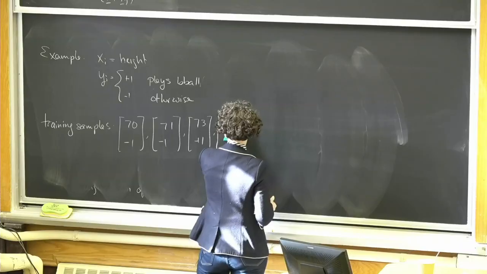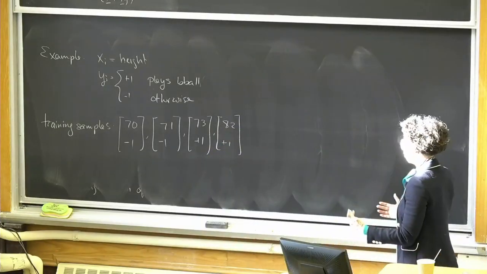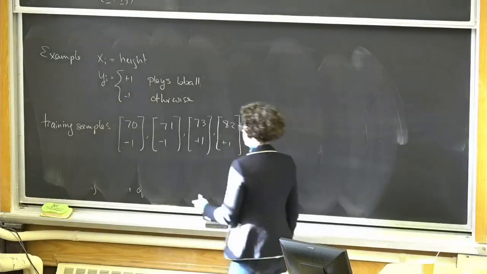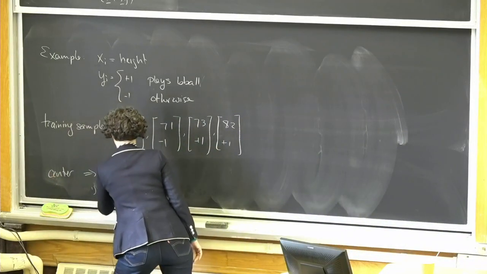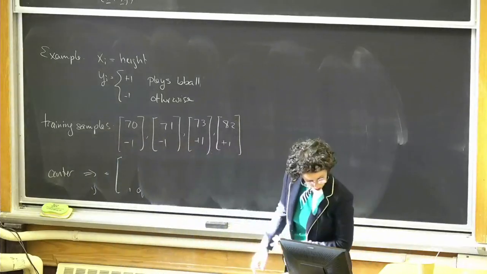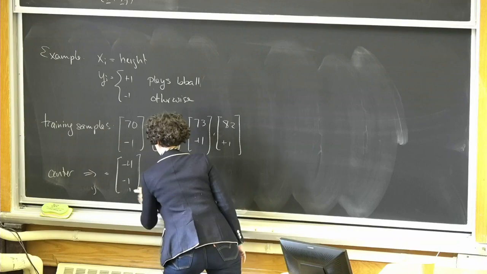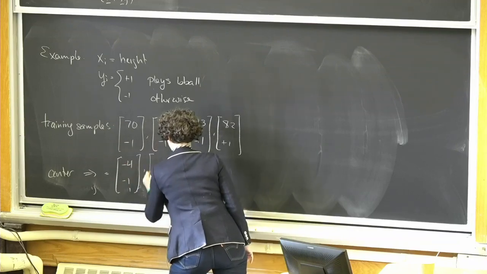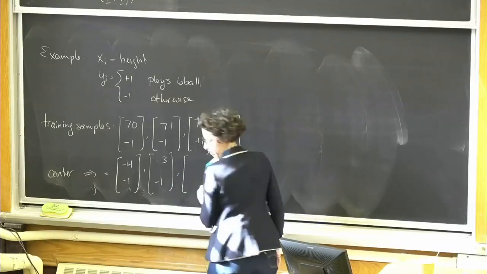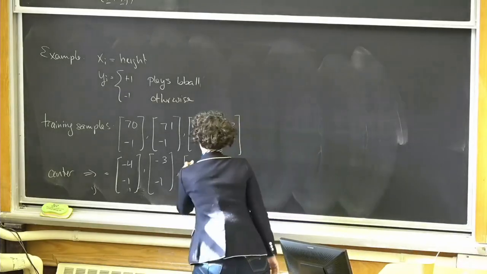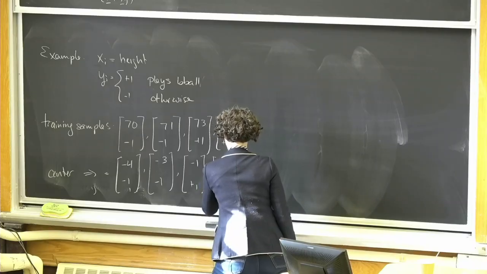82-inch person does. And then what I'm going to do is subtract off the mean height. I'm going to center my data. So when I center it, I'm going to get -4, -3, -1, and 8.